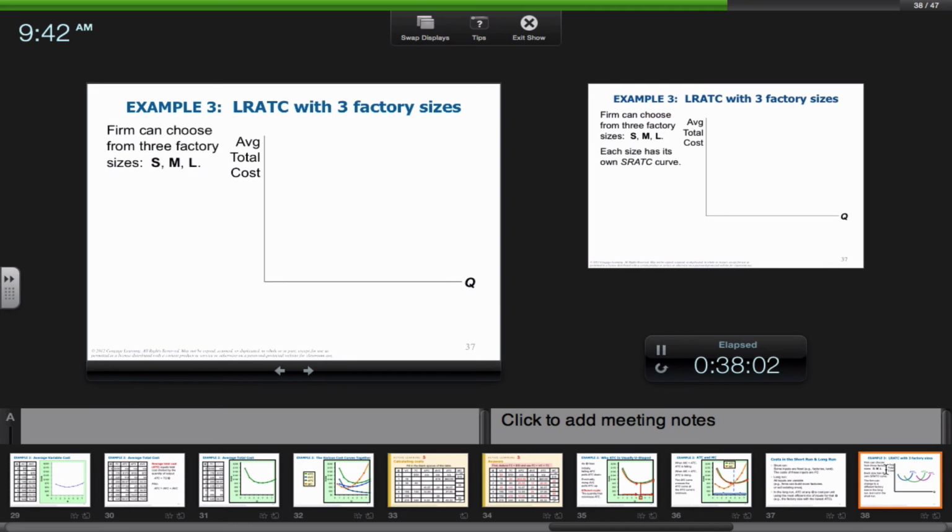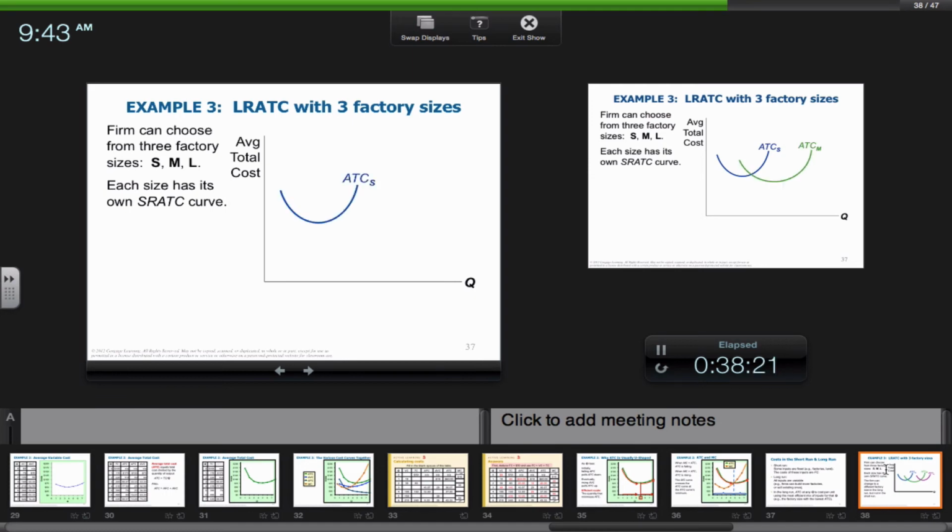Okay. You have 3 factory sizes to choose from. You can build a small, a medium, or a large factory. Each factory size has its own short-run average total cost curve.